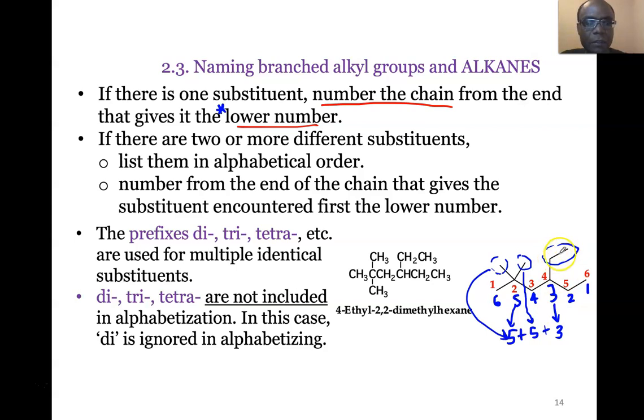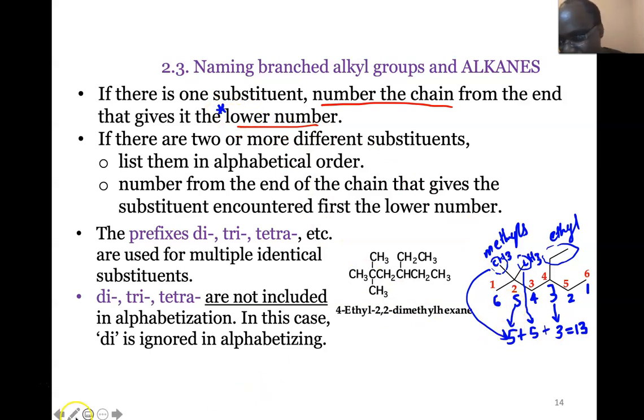I call this ethyl because there are 2 carbons in there. These 2 are methyls, CH3. There are 3 hydrogens there, and 3 hydrogens here to make 4 bonds around the carbon. So 5 plus 5 plus 3 is 13. I just want to find which one gives me the lowest.